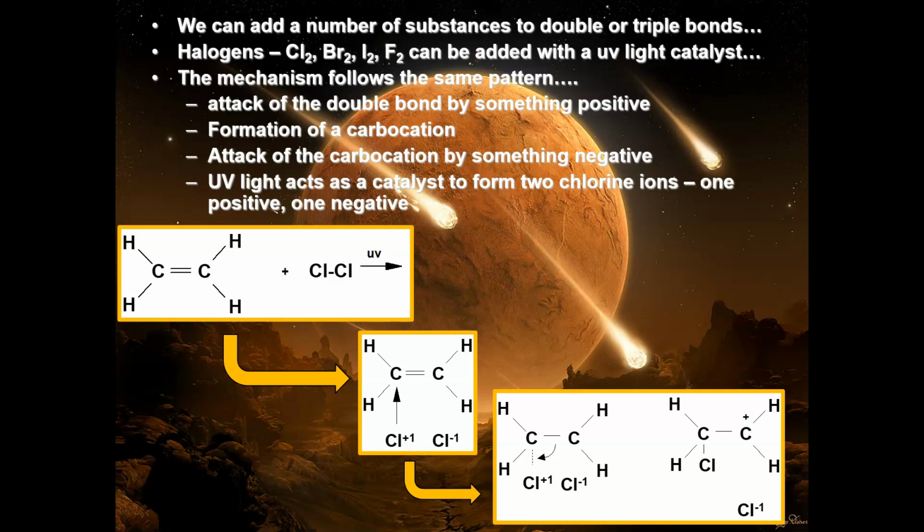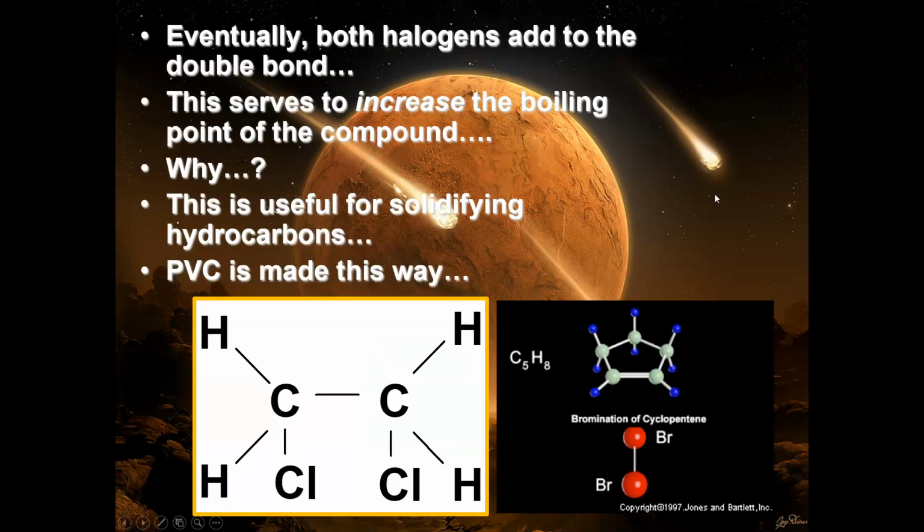The UV catalyst, what it does is it breaks that chlorine, which is a diatomic, into 2 chlorine ions, one positive, one negative. So eventually, both of the halogens are added to the double bond. That increases the boiling point of the compound.